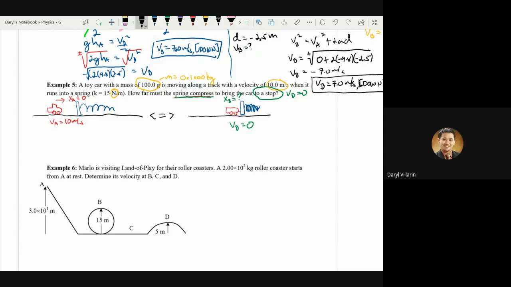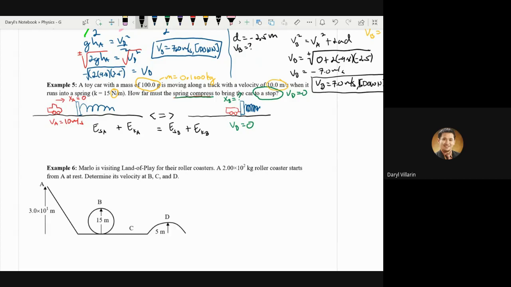Since you have a spring here, there should be elastic potential energy. So that would be the elastic potential at A, plus kinetic energy at A, equivalent to the sum of the elastic potential at B plus the kinetic energy at B. Now I just have to expand.